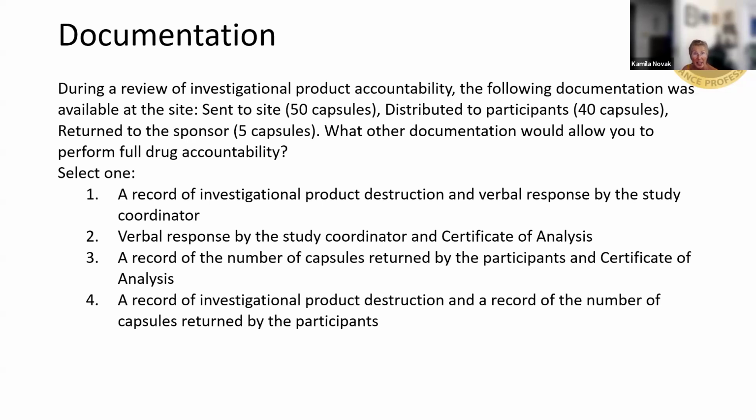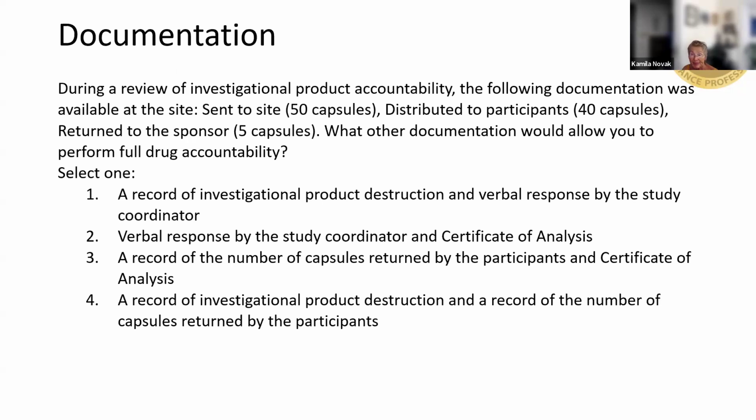So that's one thing. The other thing, what is sent to the site, meaning provided, should equal the number of units, whatever they are, distributed to participants, returned by participants, including empty packaging, and for that might be a destruction record.